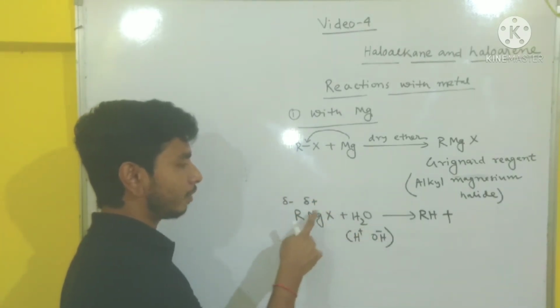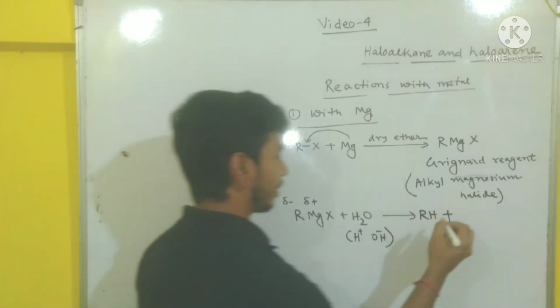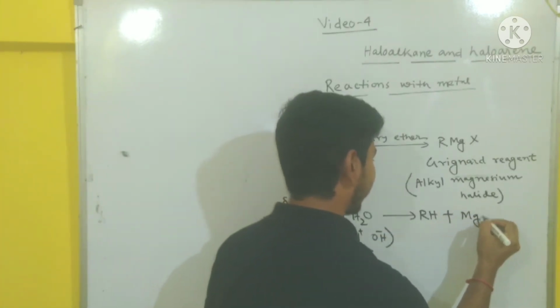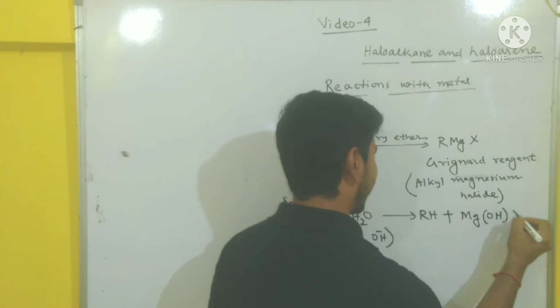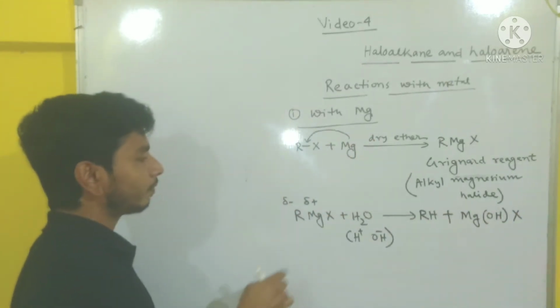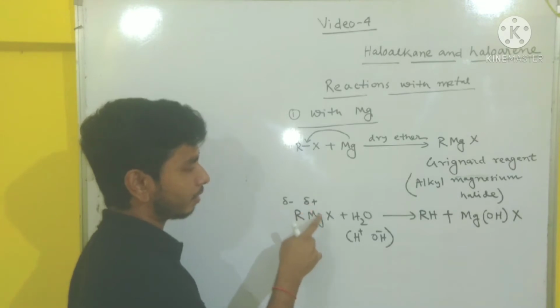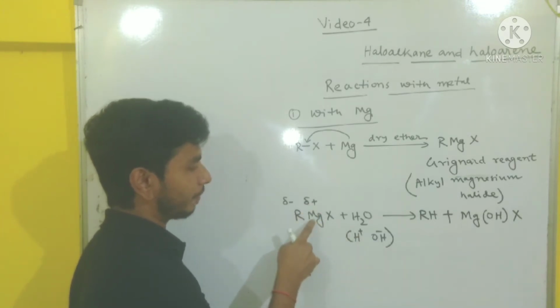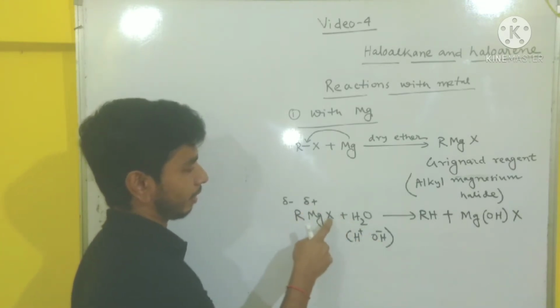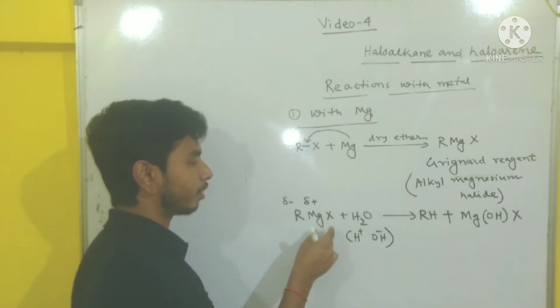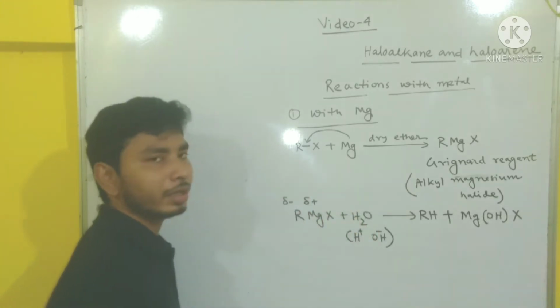So magnesium will combine with OH, that is MgOHX. So this is the reaction of Grignard reagent with moisture.